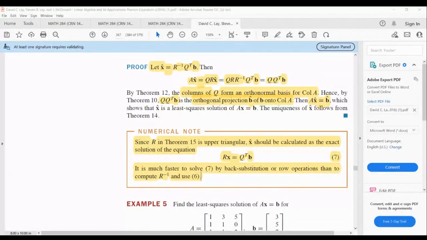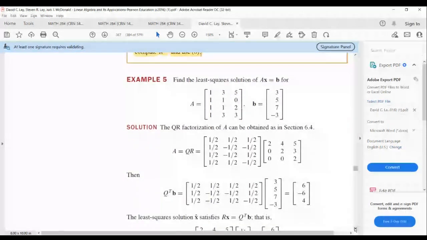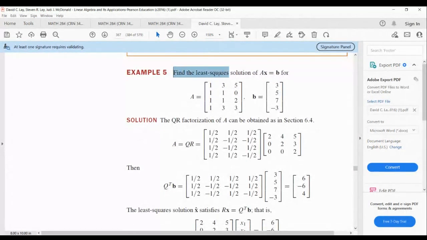Okay, well then let's go to this little example here. Example 5: find the least squares solution for this system.